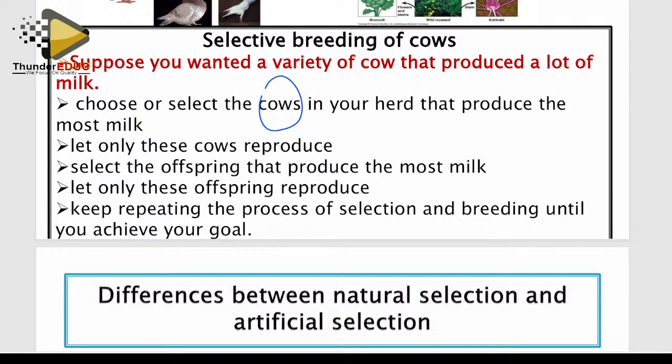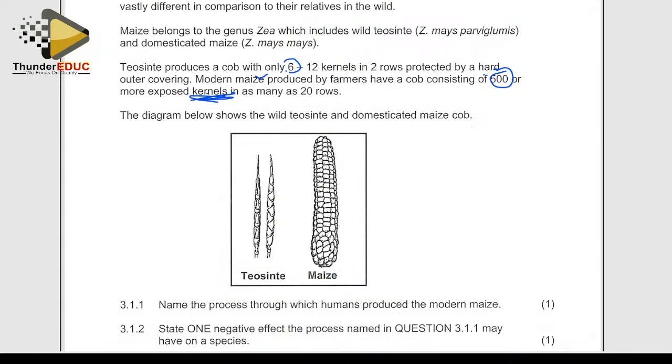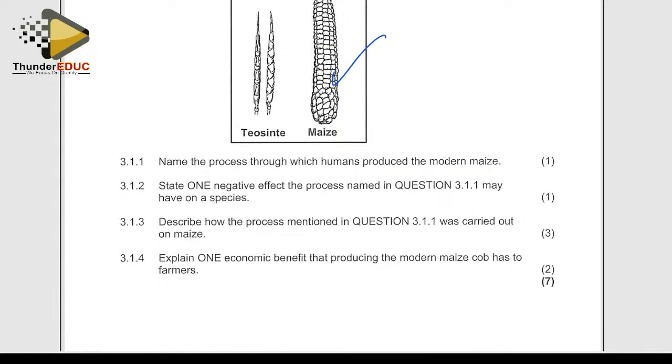You do cross pollination, allowing those to pollinate each other. Then you keep repeating this until this big maize is obtained. This is not just one day, it's about many generations. So describe how this product was obtained.